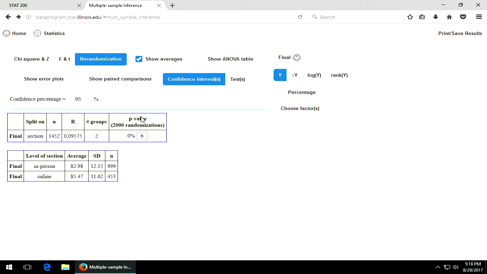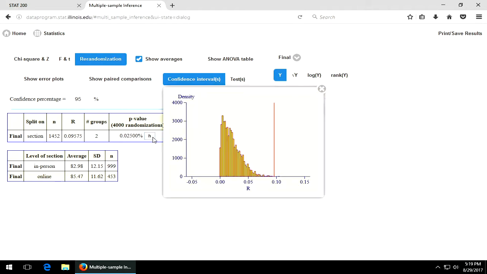Let's do more randomizations. Let's see if we eventually do get something. So we'll do some more randomizations. This is 2,000, 3,000. Okay, so here's 4,000 randomizations. Now what does the graph look like?